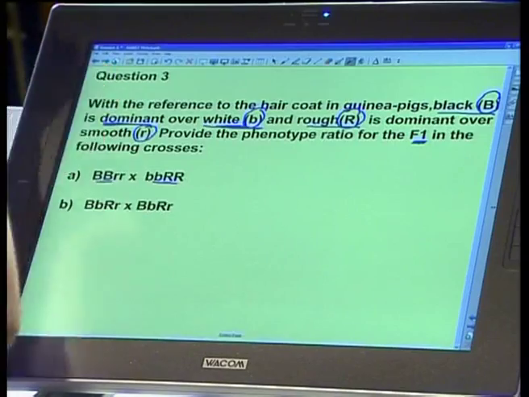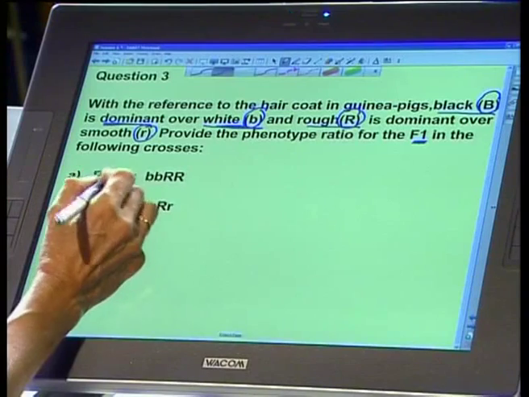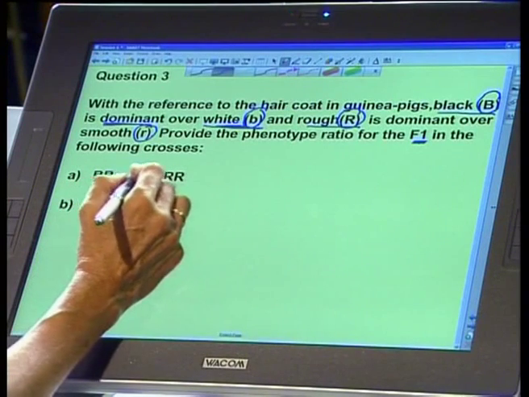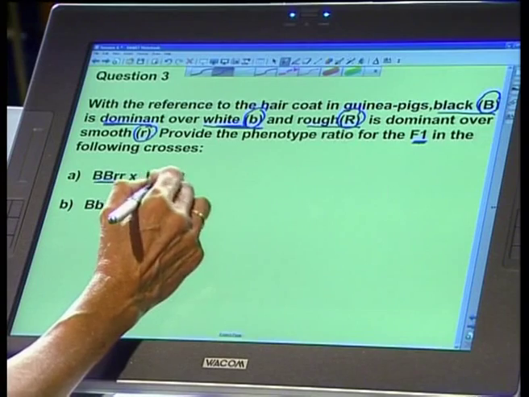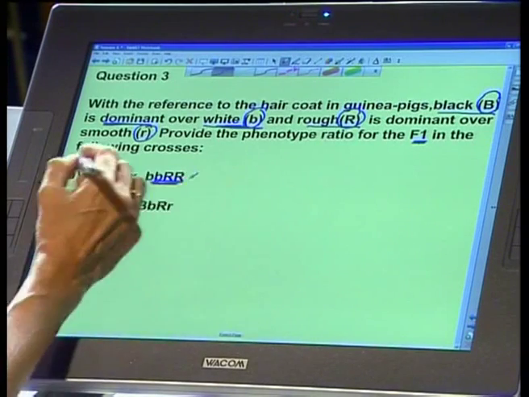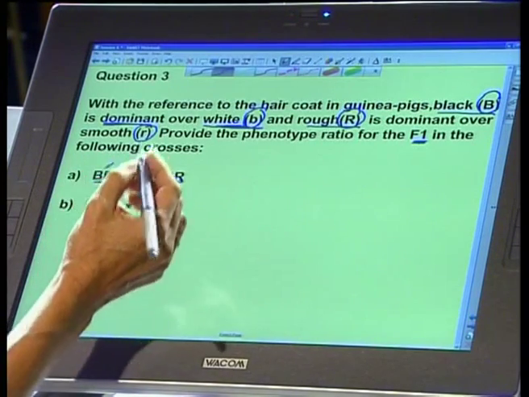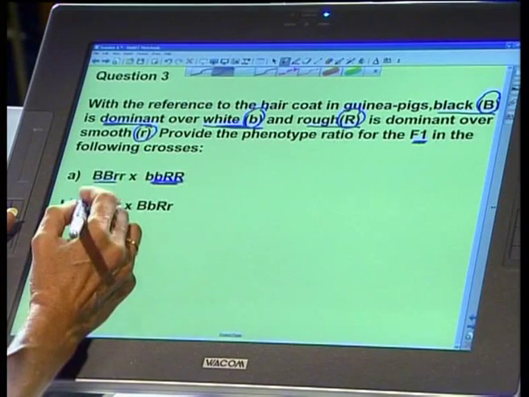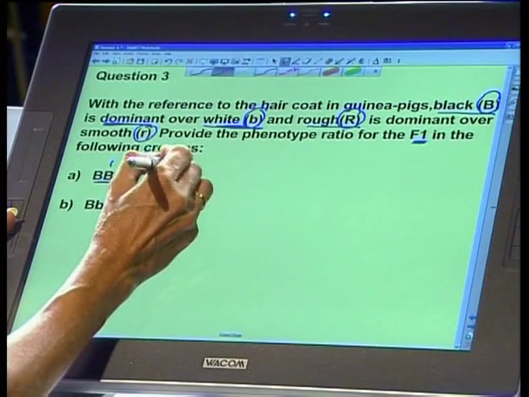And you're going to do this with me. So, capital B, small r, and small b, capital R. We're going to look at these parents here and what they are going to produce. So this is parent 1, and that's parent 2.